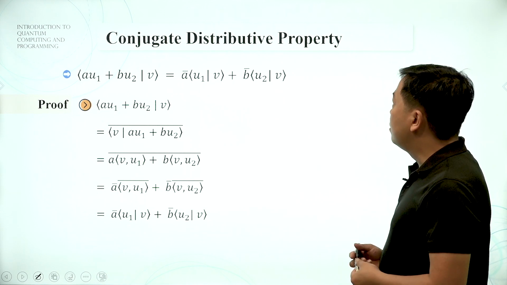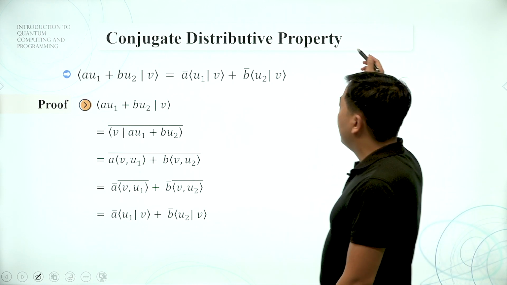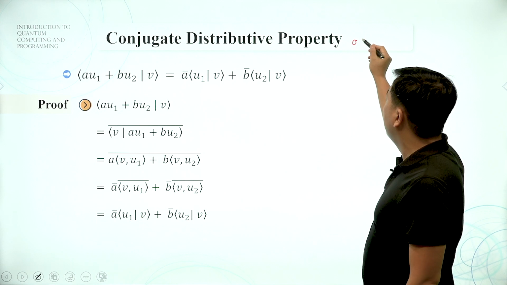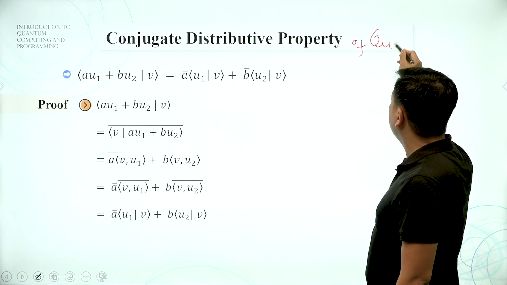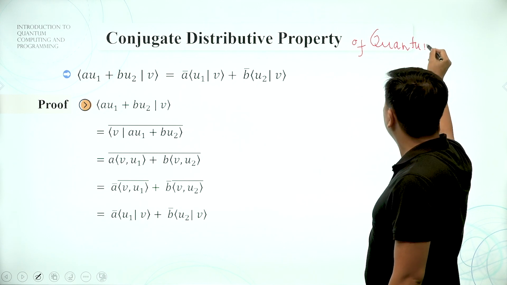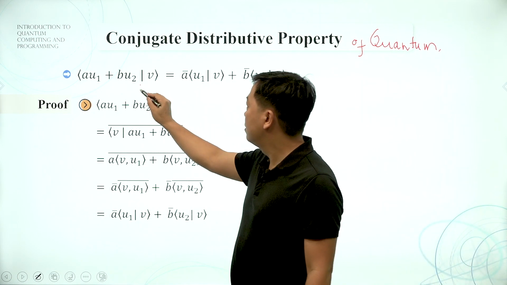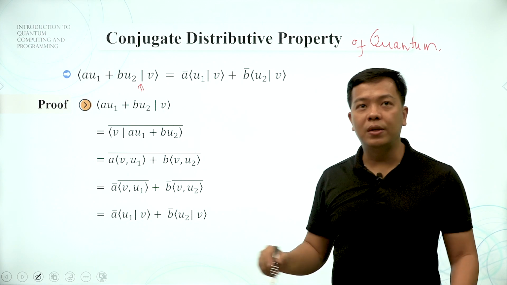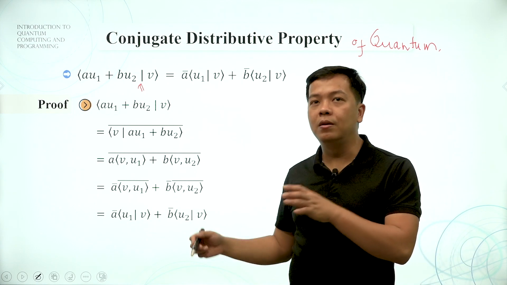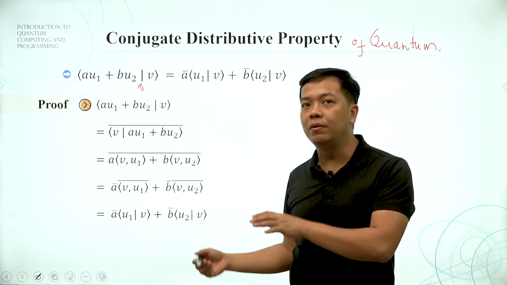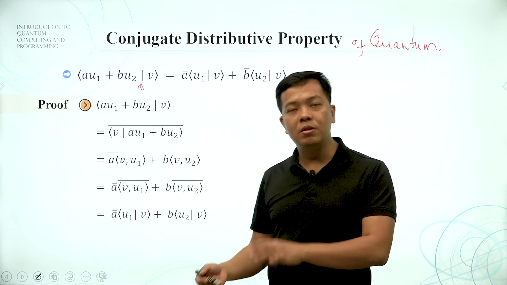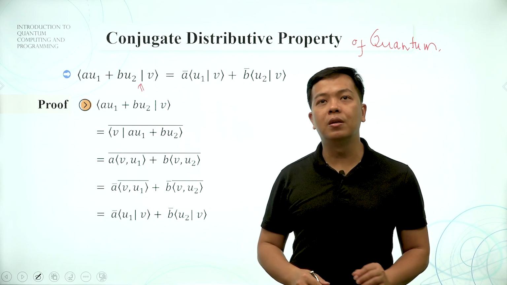And here is the conjugate distribute property. We have a conjugate distribute property for the traditional model, and we have one for the quantum part.